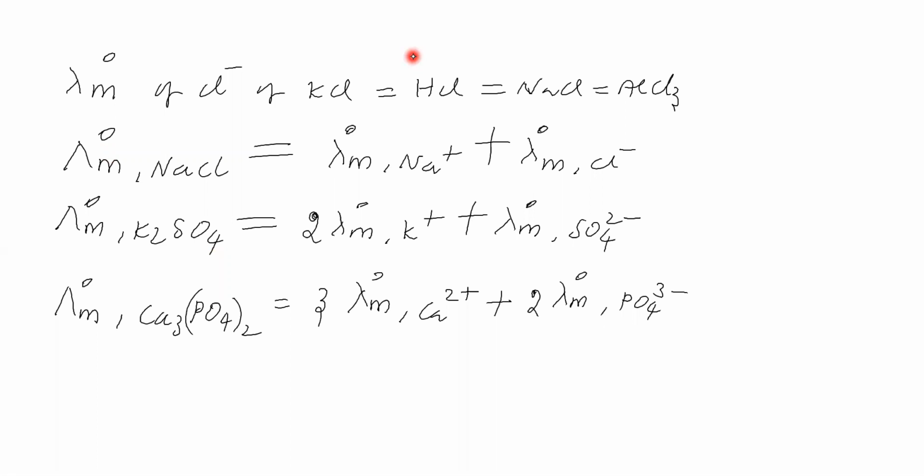Can we get lambda m naught of weak electrolytes from the graph by extrapolation? No, using the graph we cannot get lambda m naught of weak electrolytes. Sir, we will take one example for a weak electrolyte.